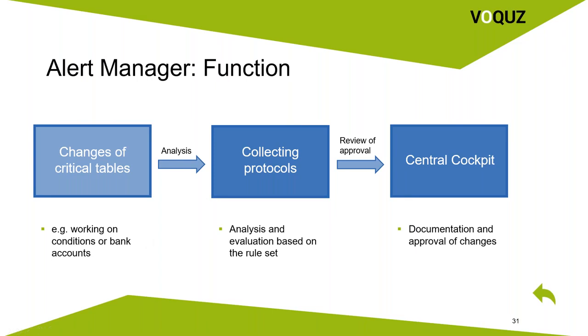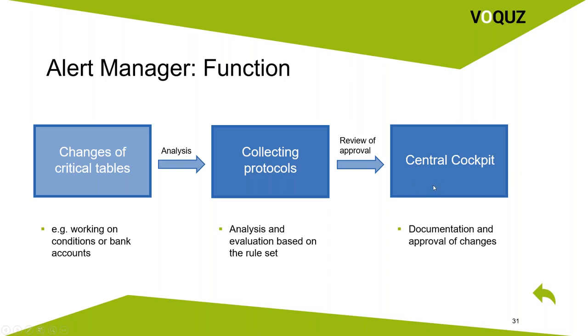This could be, for instance, changing of bank accounts or other definitions that you can create in the alert manager. We automatically collect all of the protocols, and then based on a simple rule set, the analysis takes place and can be analyzed by you as well through a central cockpit.